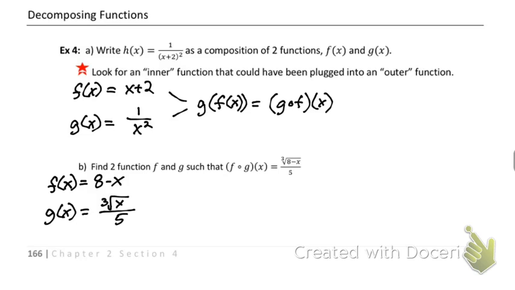Once again, I just take whatever's in parentheses, the 8 minus x, and turn it into a function. And then whatever's in its place for that placeholder, I'm just going to put an x. Well, to combine these, I would need g of f of x.